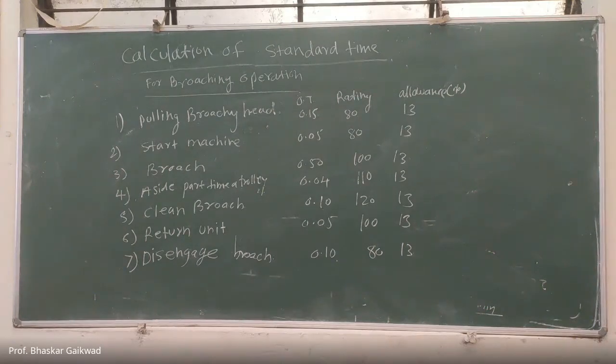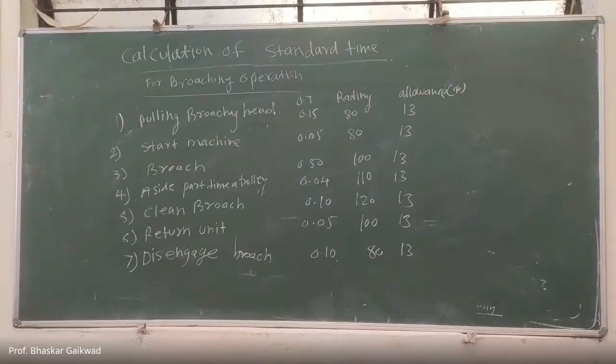Seven elements are there. First element is to locate the pilot end of the broach and engage the broach into the pulling head. So first of all, setting up the broach. Broach setting, how much observed time is there? 0.15 minutes. Rating is 80, allowance is 30.